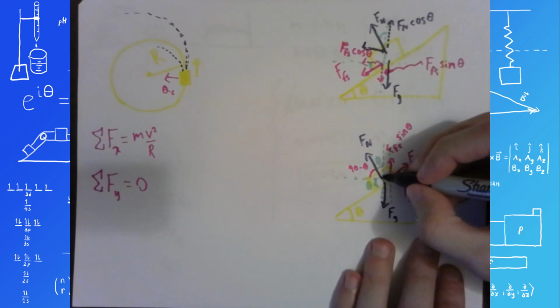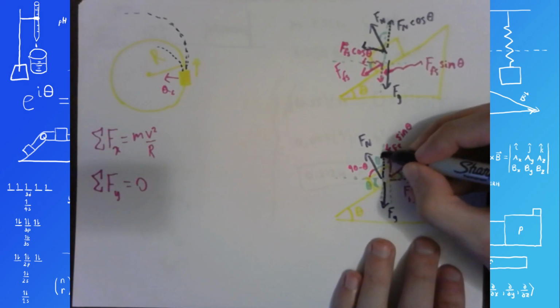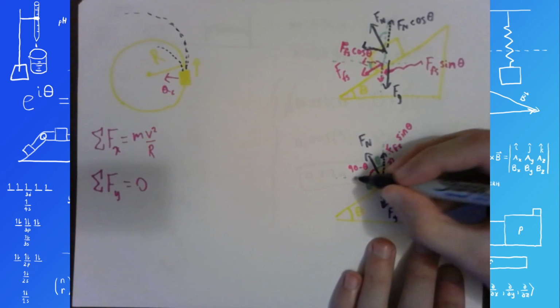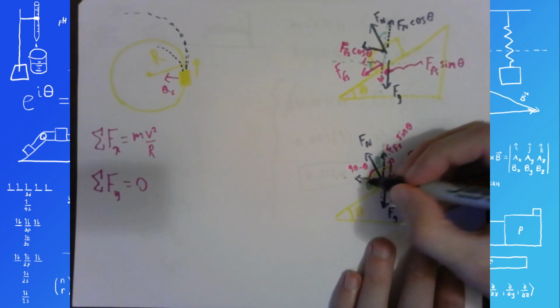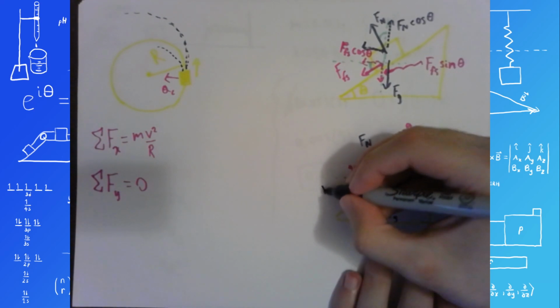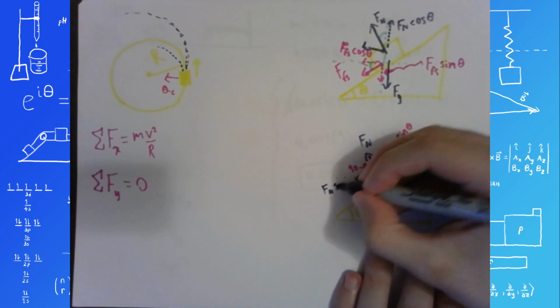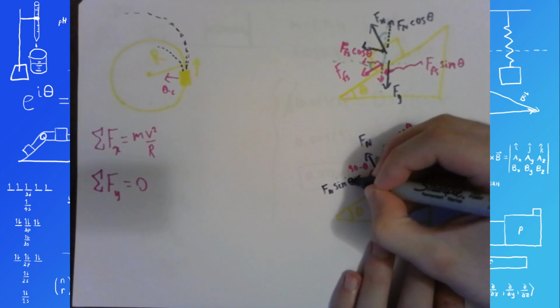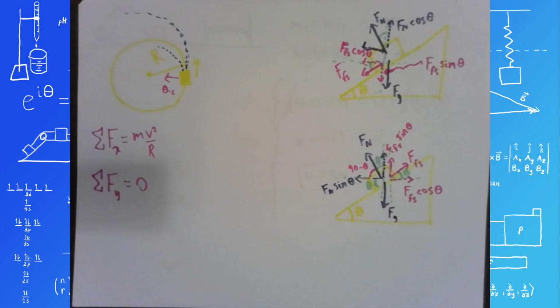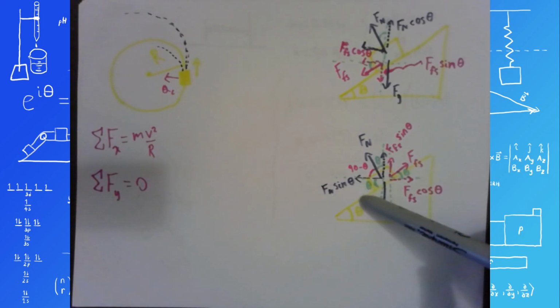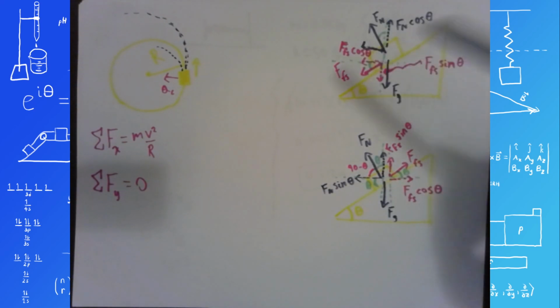Well, that's okay because I have an opportunity to draw it more clearly on the second diagram. Yeah, I'll just draw it here, and here we can call that normal force times sine of theta. Or you can do normal force times cosine of 90 minus theta. It works out to the same value either way. But yeah, that's what I wish I could have written up here.